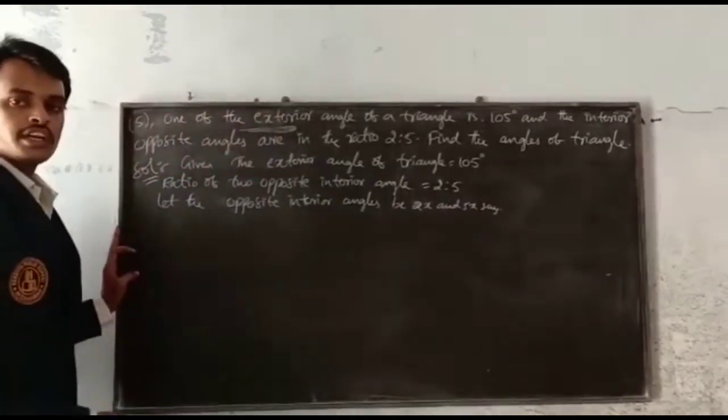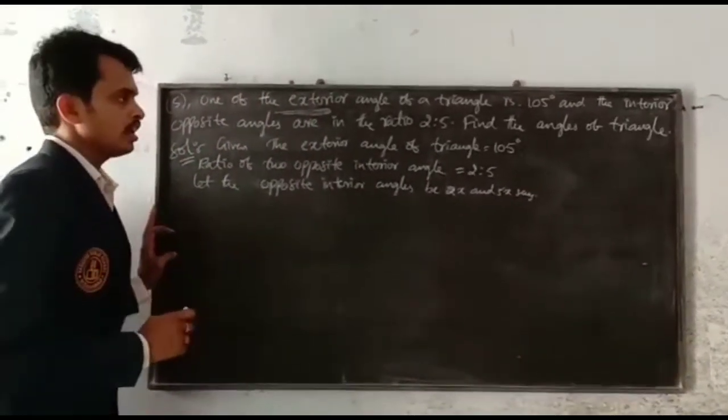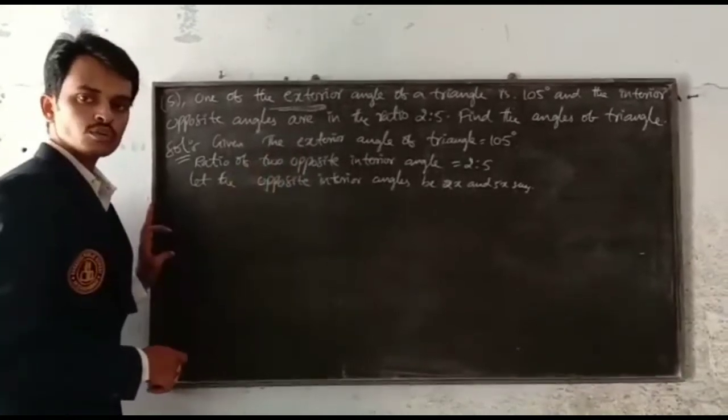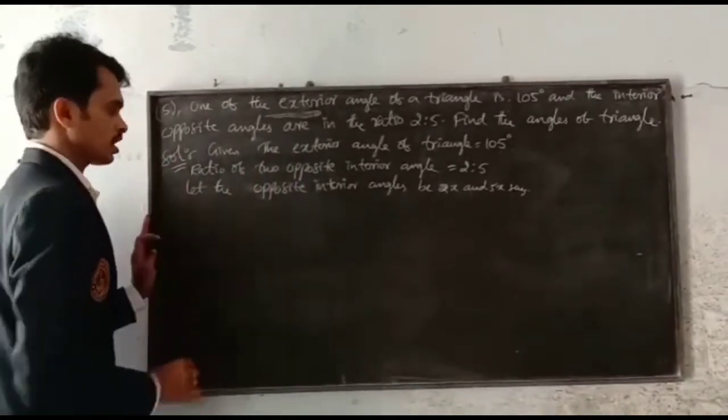So we know the property of the triangle: the exterior angle is equal to the sum of the two opposite interior angles.